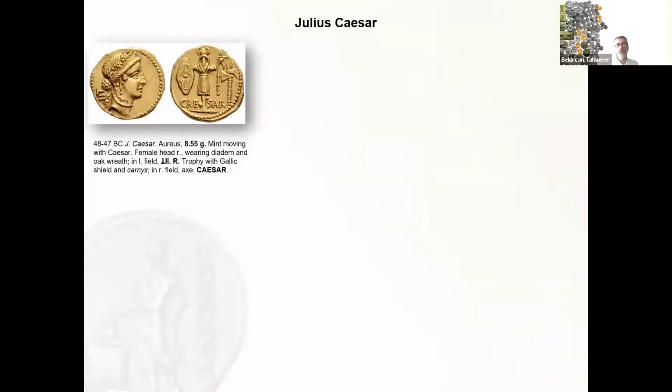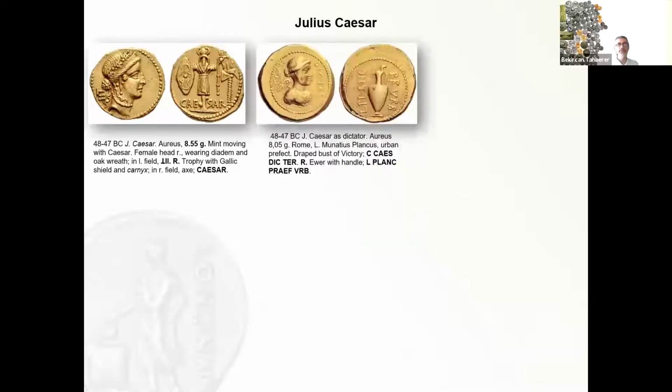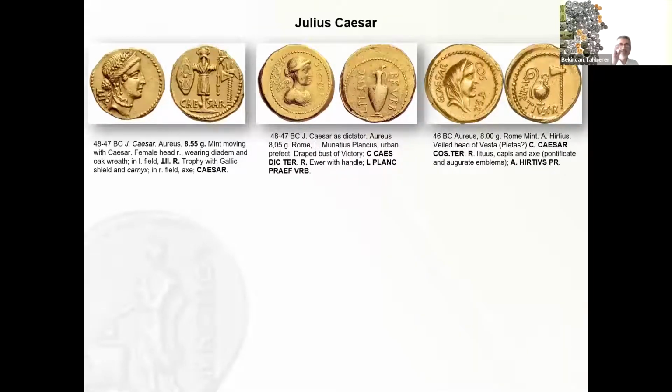Then comes Julius Caesar. His campaigns in Gaul simply brought him a lot of fame and wealth, as well as hatred.